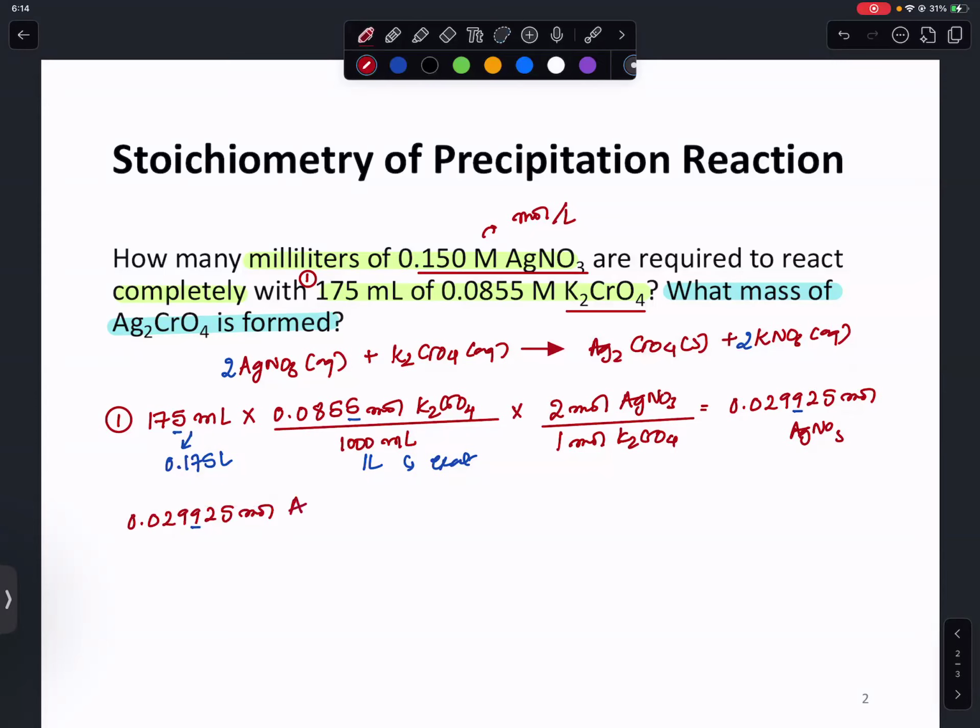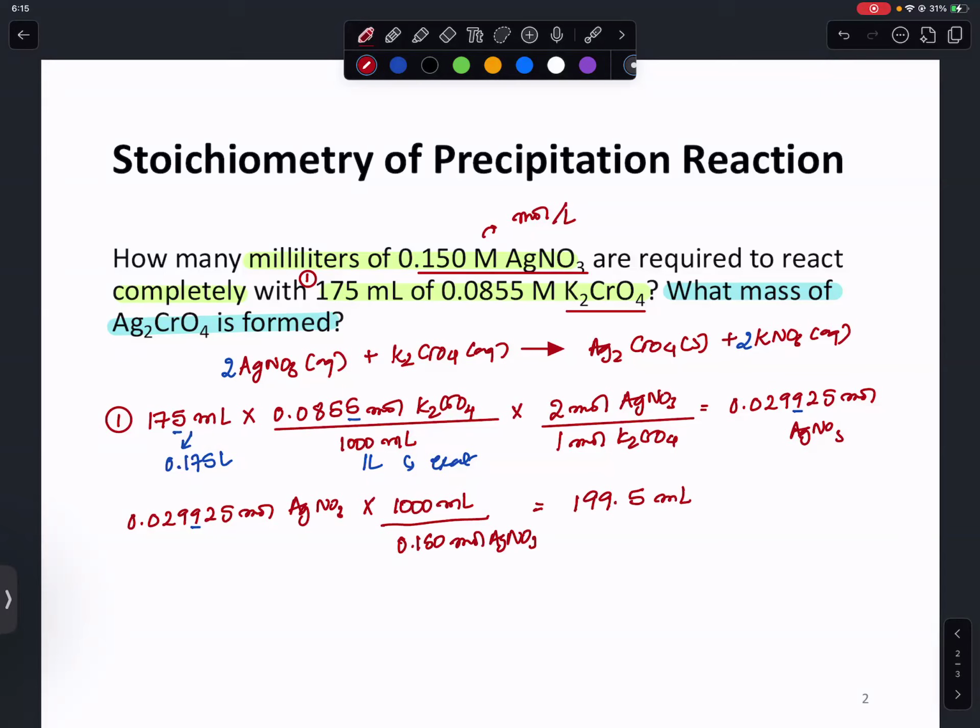And then say silver nitrate. And now I'm going to flip this over because I want to end with the volume on top. So I'm going to say 1,000 milliliters divided by 0.150 moles of silver nitrate. And this should give me 199.5 milliliters.